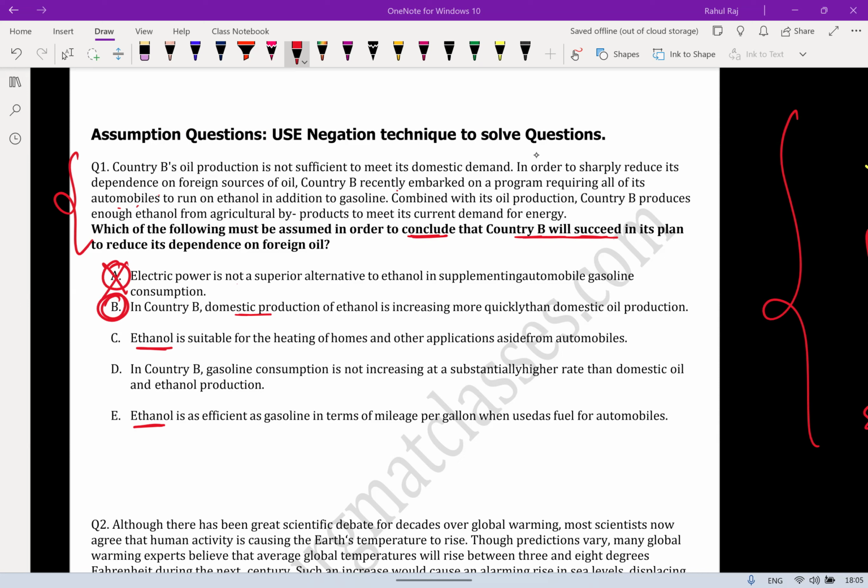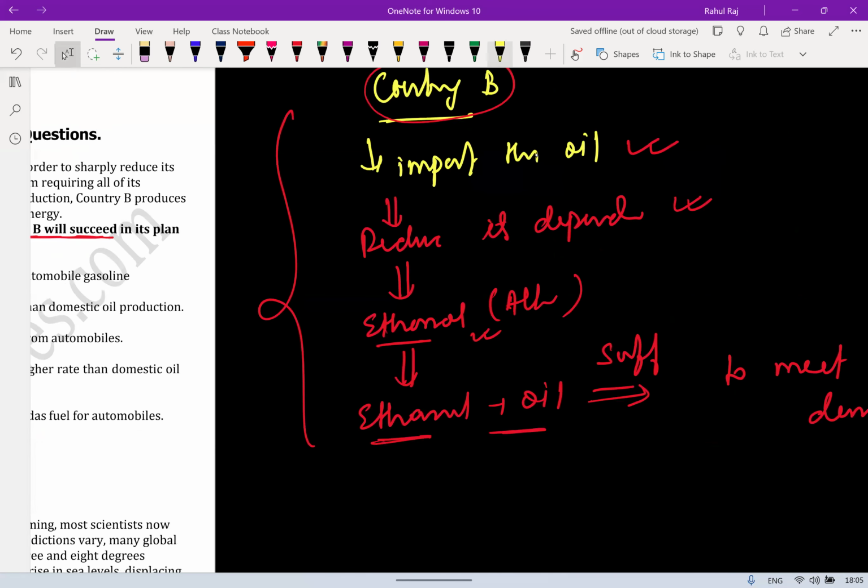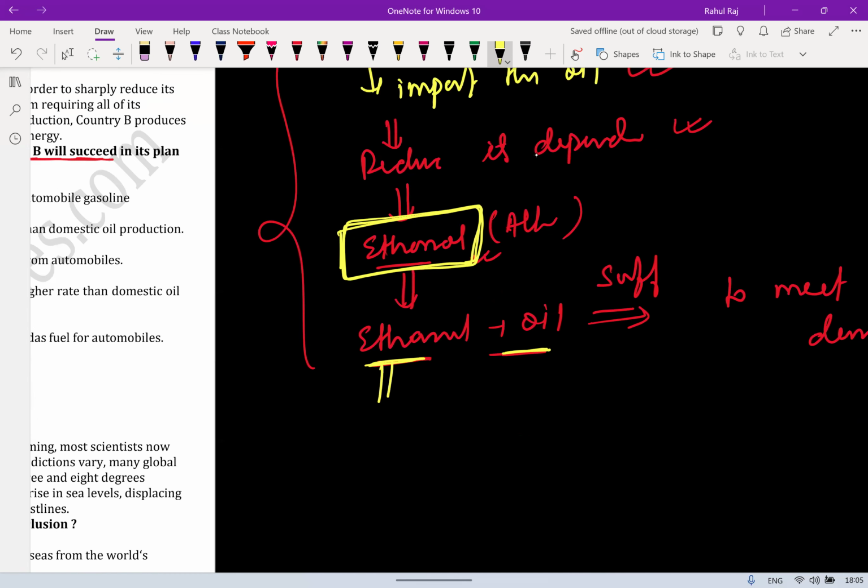Now tell me, in this argument, did they say anything about ethanol, Sanjana? They just said that ethanol as an alternate source of fuel was found. And then they have directly concluded that ethanol plus oil is sufficient to meet the current demand. Did they talk anything else about ethanol?